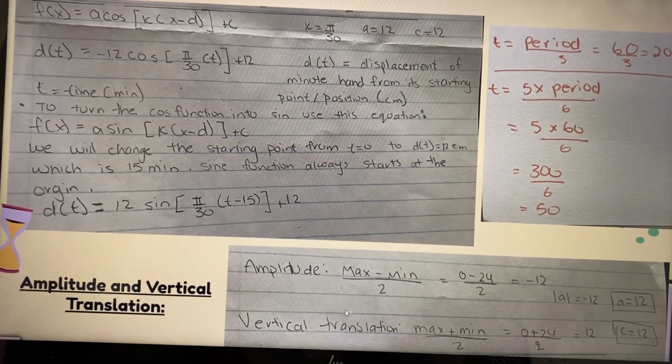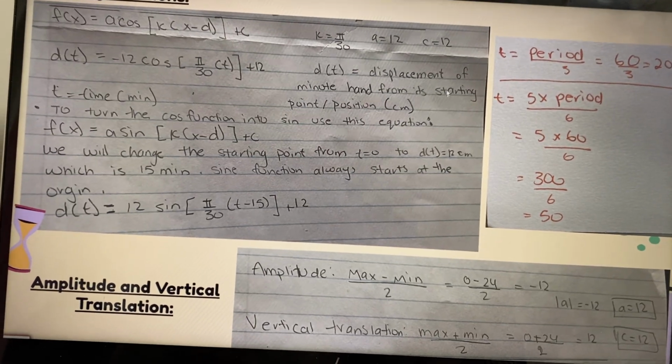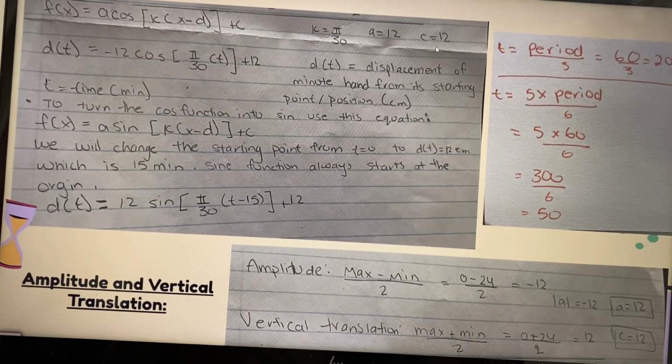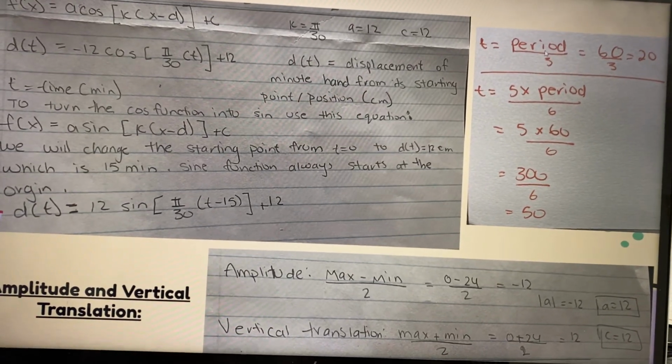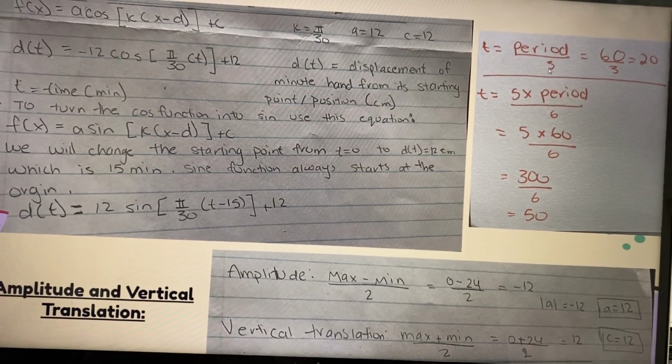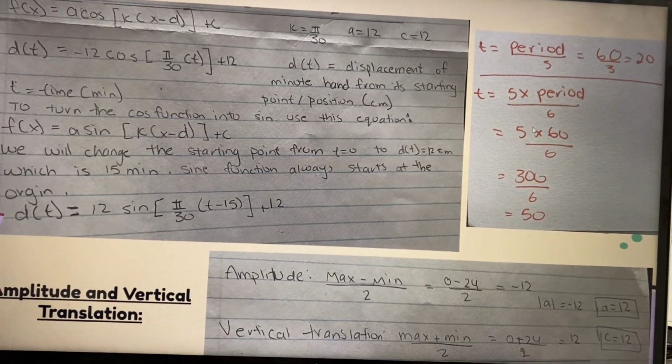And then I got the vertical translation, which is our c value, which is max plus min over 2, and we got 12. And I've also shown in here that when we did period over 3, we got 20. And then when we did 5 times period over 6, we got 50.